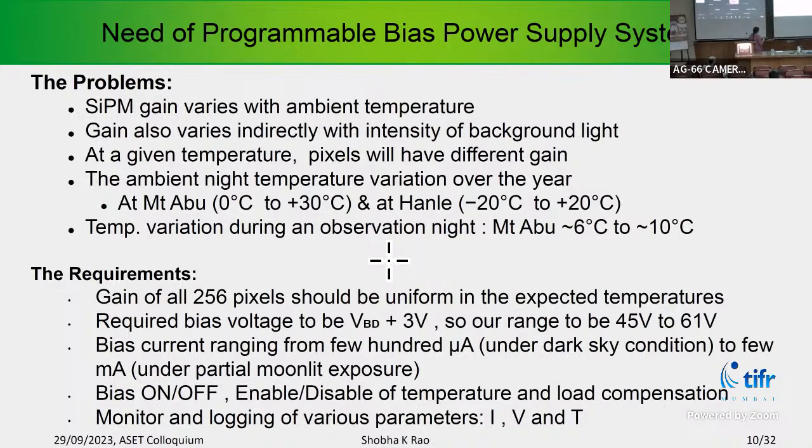So this on-off facility is very much necessary. This is for temperature and load compensation during testing, and also during operation, we need to have this kind of enable-disable facility. And of course, every biasing system needs to monitor I, V and T.